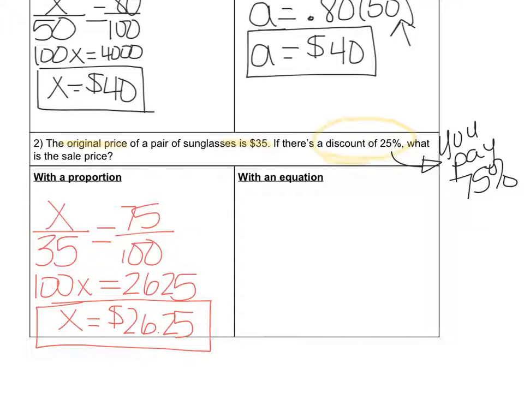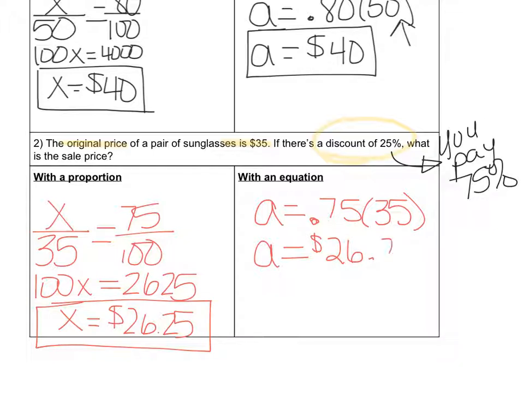Now remember, we're looking for the part, A equals, and then we'll do 0.75 times 35, okay? And then A equals, and we would get $26.25. So regardless of which way you use, you're still going to get the same answer. All right, let's go to the next page and try some of those.